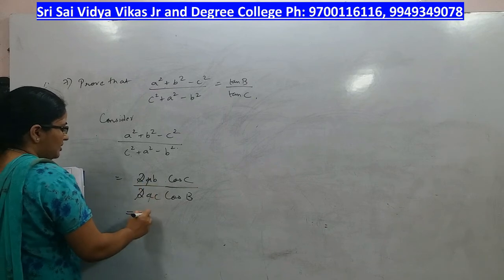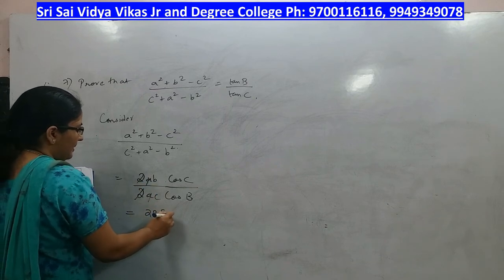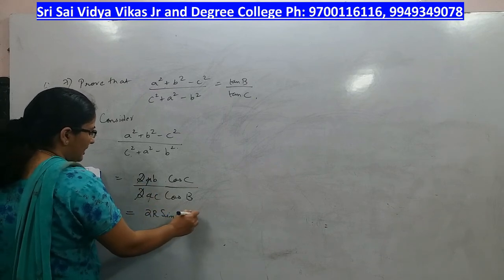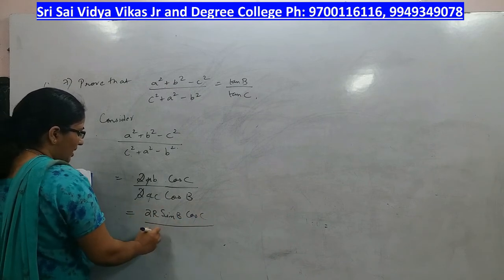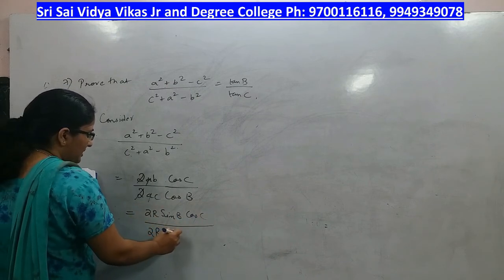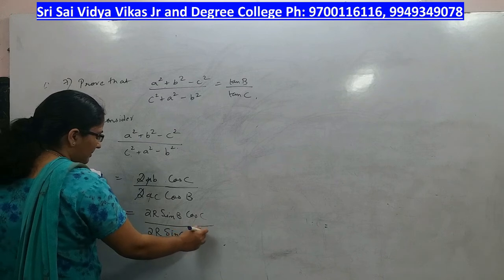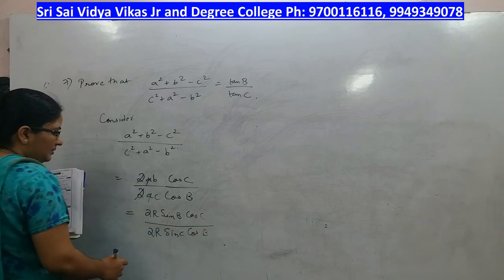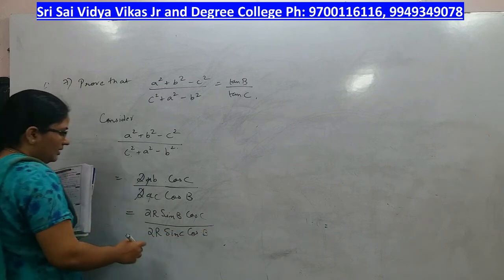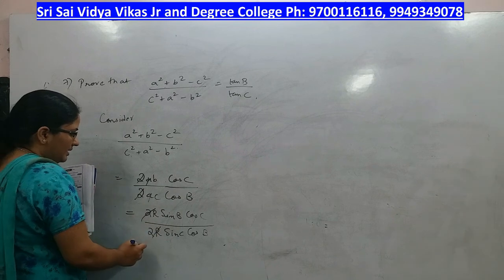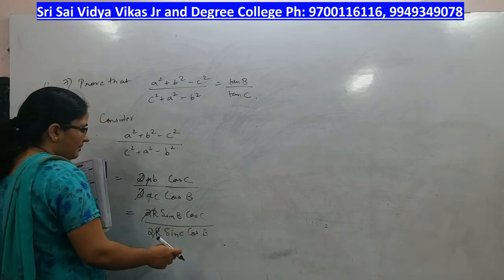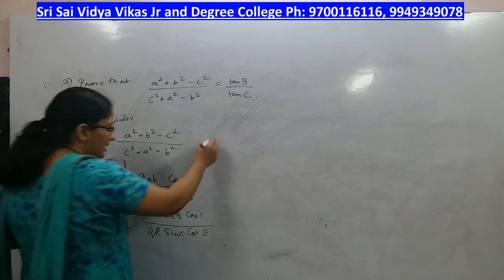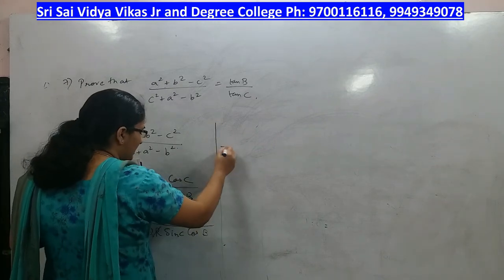B can be written as 2R sin B, cos C by C can be written as 2R sin C cos B. Now 2R cancel. Sin B by cos B is tan B. Send cos C down.